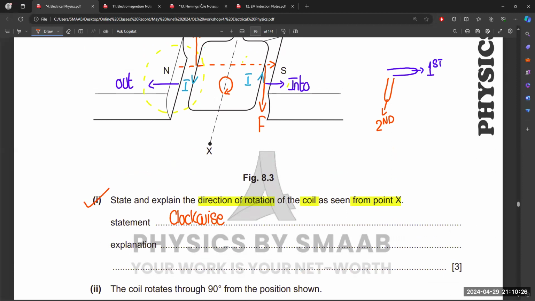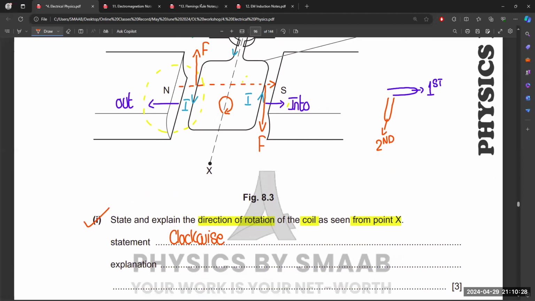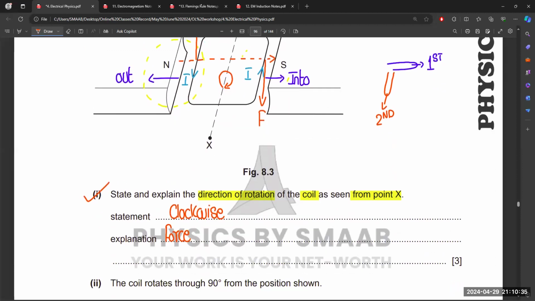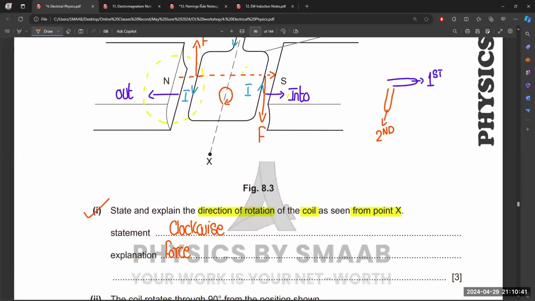So the statement will be clockwise, and the explanation is very simple. In this space we will not explain the whole idea that we apply the left hand rule and current is moving in this direction, force is acting in this direction. You just explain the simple method that we use.